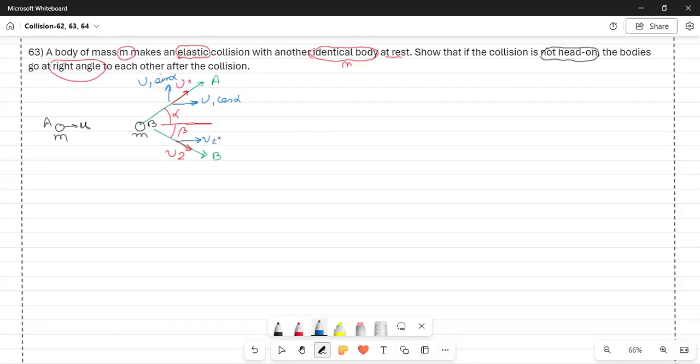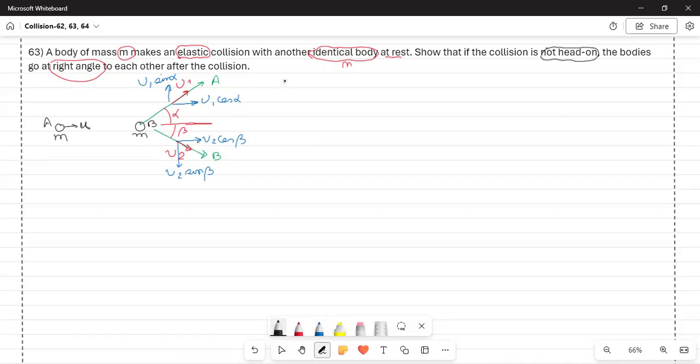One is horizontal, V2 cos beta, another is vertical, which is V2 sine beta. I think now the problem is very clear to all of you, because we have to just make two equations, one in the horizontal components, one in the vertical components.